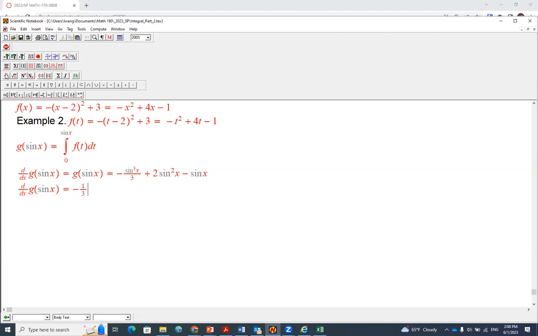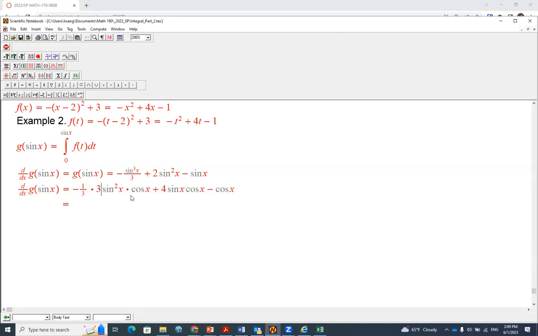Negative 1/3 of sine squared X, multiply, you have to differentiate the sine, that's going to be cosine X. On the second part, chain rule again, so we're going to have 4 times sine X and cosine X. And lastly is cosine X. Oh wait, we have a 3 here, sorry.